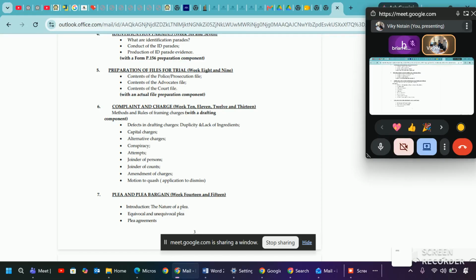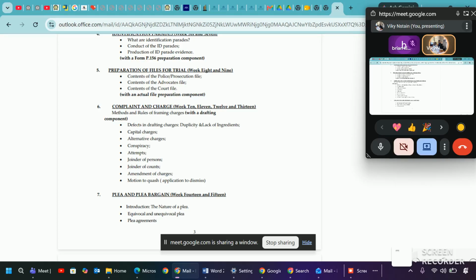He'll be expecting the accused's full names, the owner's name or the victim's name, the date and time window, the place, the actus reus, this is the prohibited act, the property or thing.